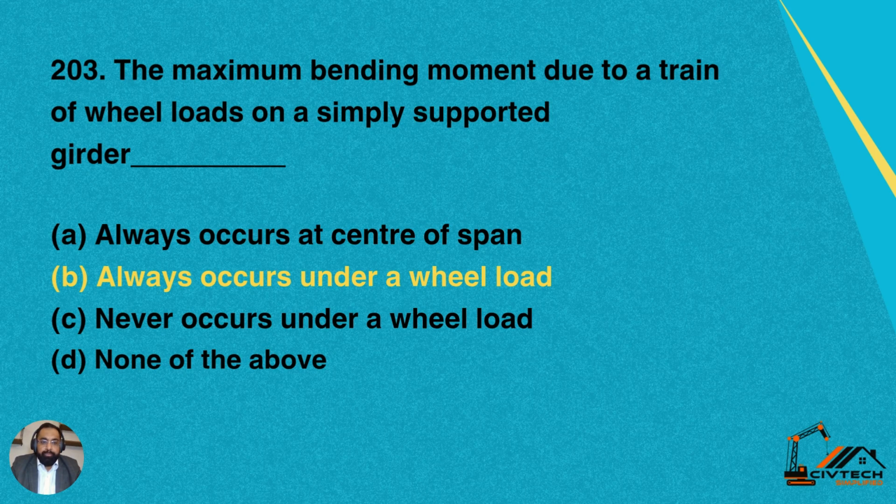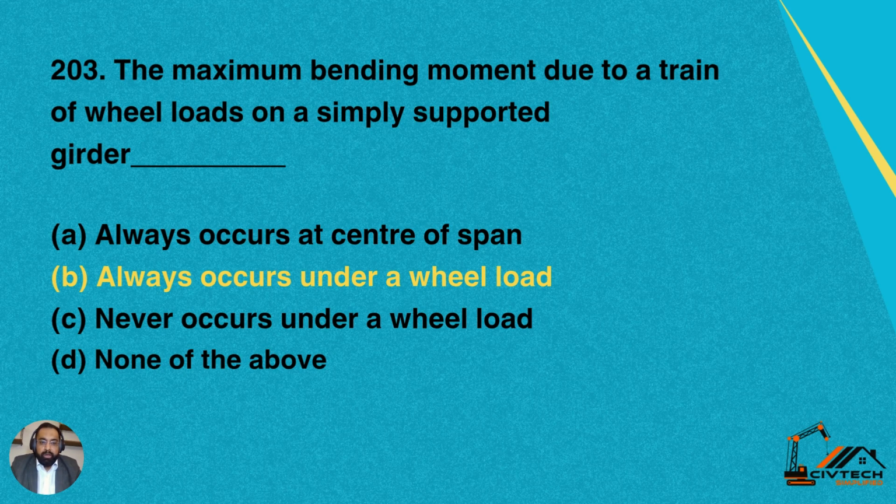Question 203. The maximum bending moment due to a train of V loads on a simply supported girder: Option A, always occurs at center of span. Option B, always occurs under a V load.